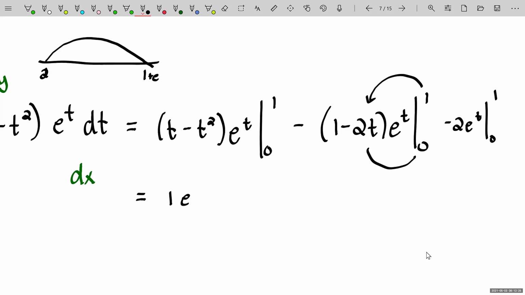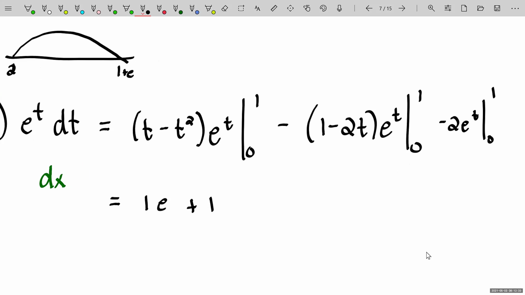Minus 1 minus 0, so that's going to be a positive, and then e to the 0th, which is 1. I do much better if I write it out like this. Oh, it's 1 minus 2, and then you have also minus 1 plus this.